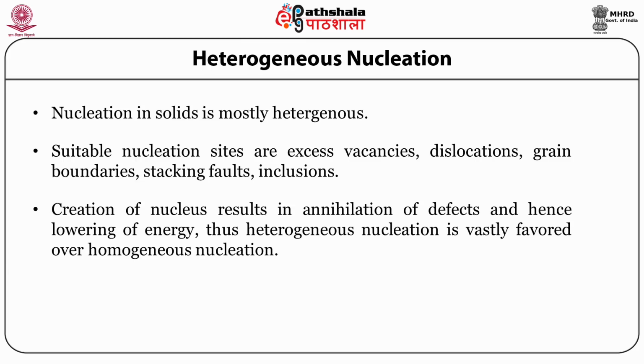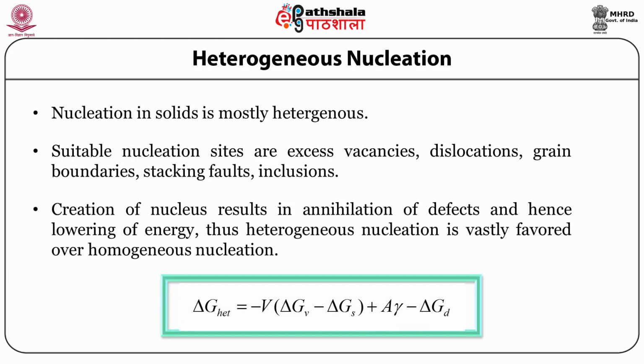Energy change associated with heterogeneous nucleation is given by delta G heterogeneous equal to minus V multiplied by bracket delta GV minus delta GS bracket close plus A gamma minus delta GD.